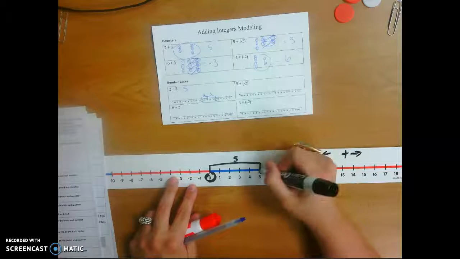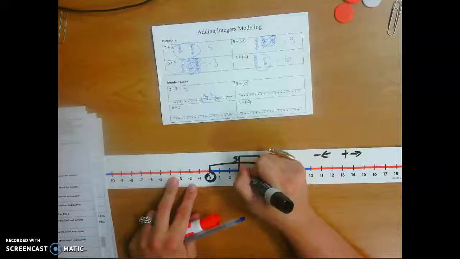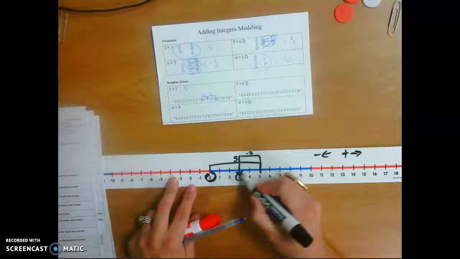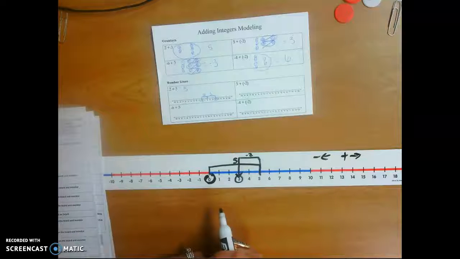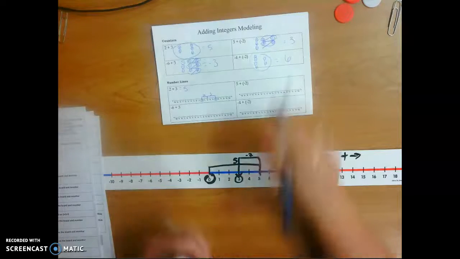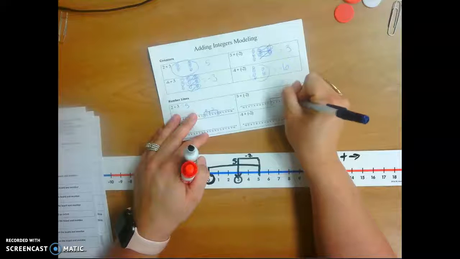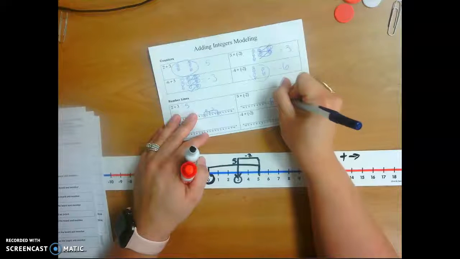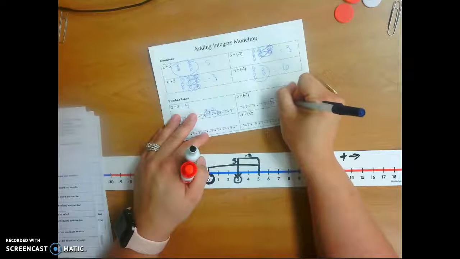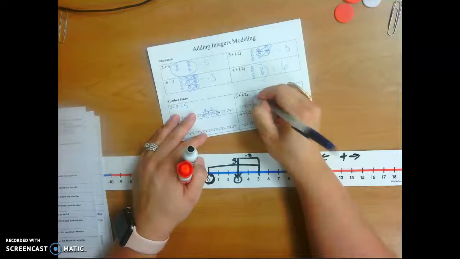So we're starting where we just left off, and we're going to go 2 to the left. Boom. That finishes us at a positive 3. On their models, they start at 0, go 5 to the right, that is worth 5, then negative 2 left, and they finish at a positive 3.